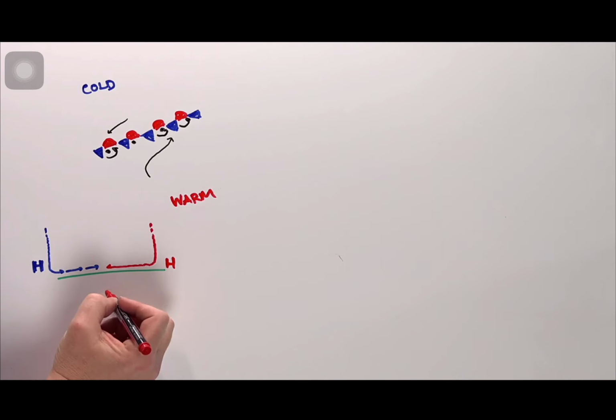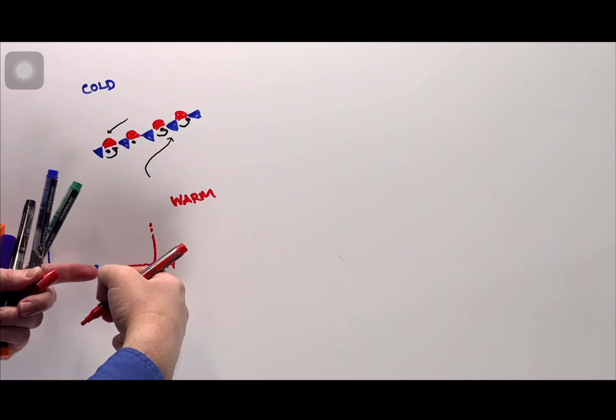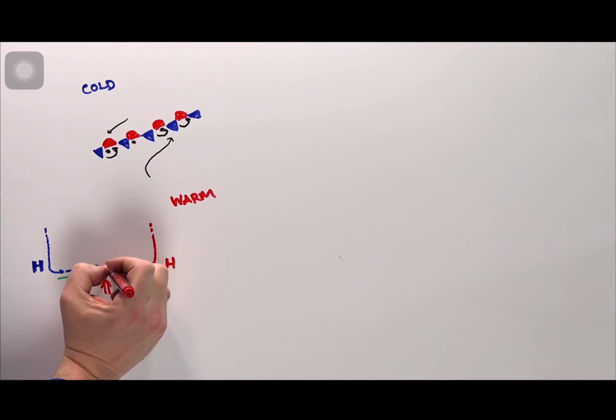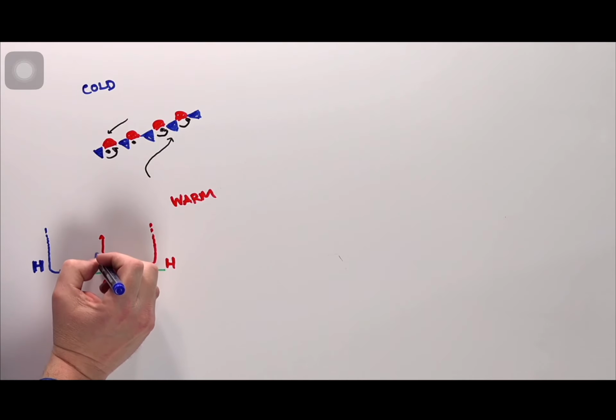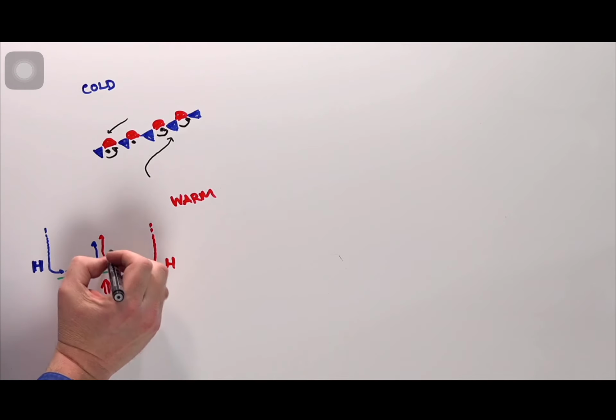Well, guess what? When these two parcels of air meet, now that they're converging, what are they going to have to do? They can't go anywhere else, but this air is going to start to rise, and as well, this air here is going to start to rise. But remember, the wind flows are going to be counterclockwise now.